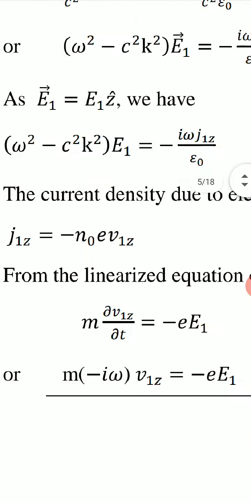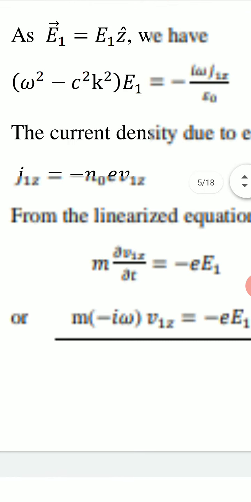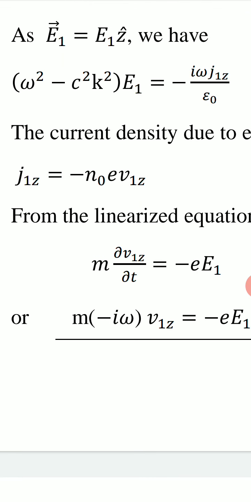This is equation 4. Omega square minus c square k square into E1 equal to minus i omega J1z upon epsilon 0.